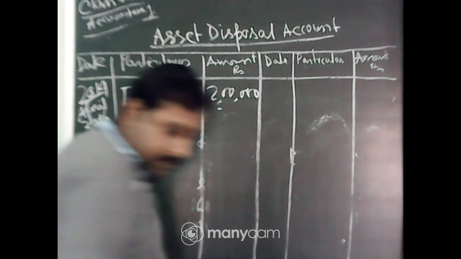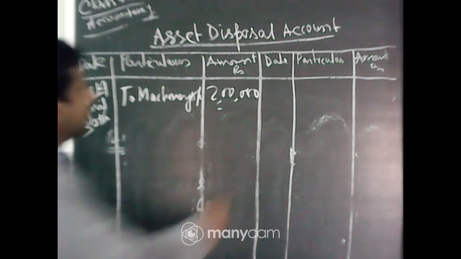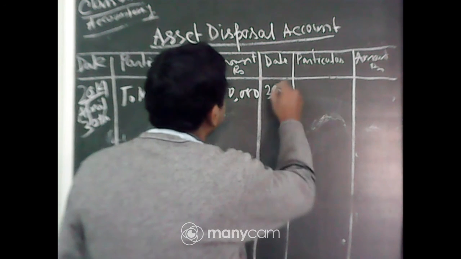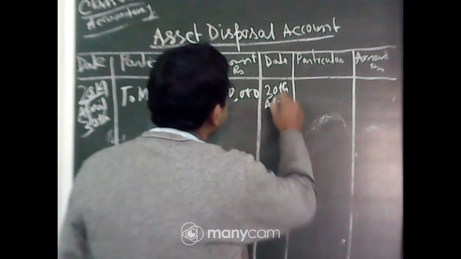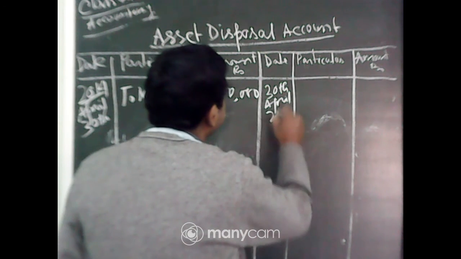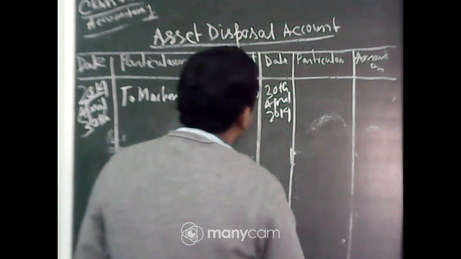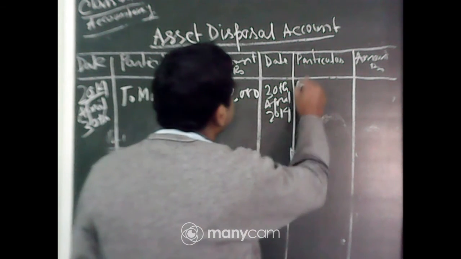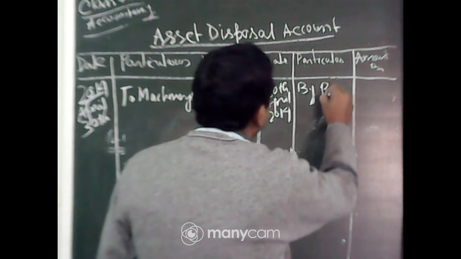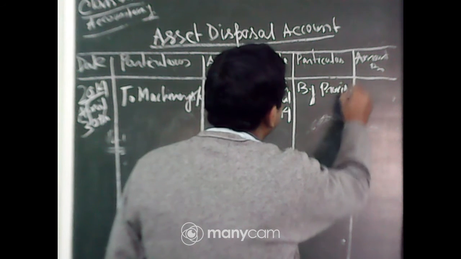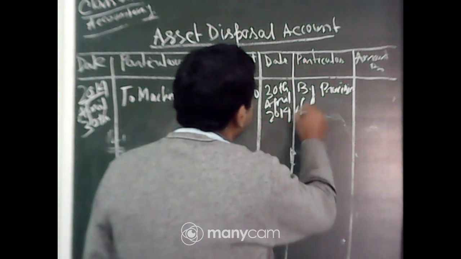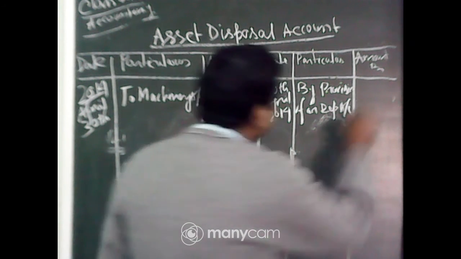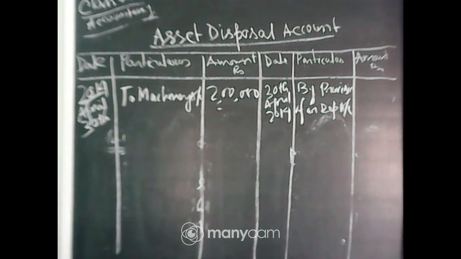So that is the same date, 30th April 2014. What will be the journal? Provision for depreciation account debit to asset disposal account, the value is 66,667. Where does it come from? From the provision for depreciation account.